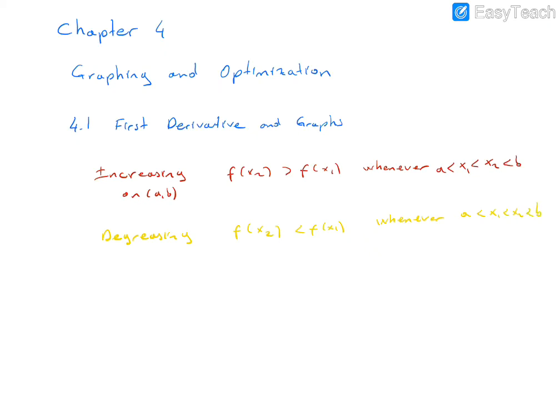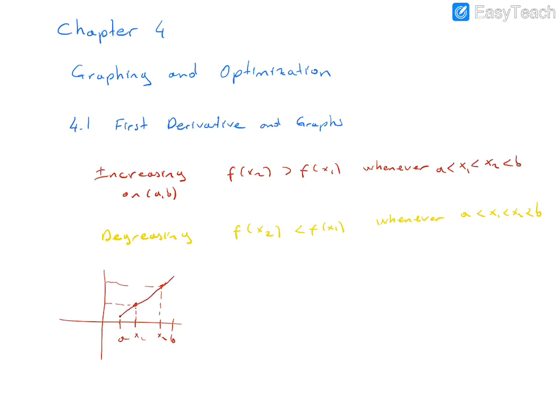Okay, so briefly I can explain. On the interval (a, b), x1 is here, x2 is here, keeping the order. So f(x1) is smaller than the f(x2) value. So this graph is an increasing graph.